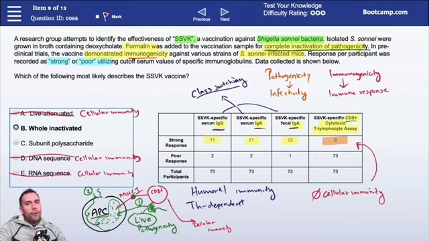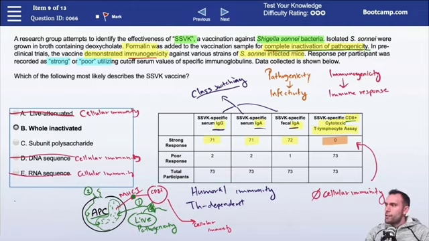Okay, so the key thing to understand between the whole inactivated and the subunit polysaccharide is that both of these can allow for humoral immunity. So essentially what's happening here, again, we're going to take our same antigen presenting cell. These antigen presenting cells are going to have the MHC1 receptor, just like the MHC2 receptor, right? I'll just put one here, and they're going to have their MHC2 receptor.